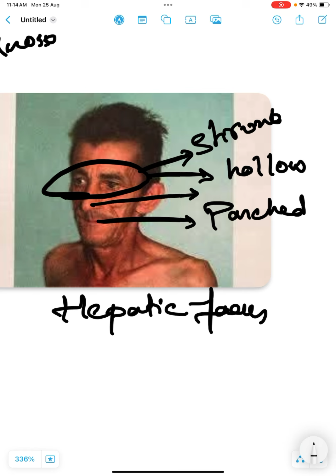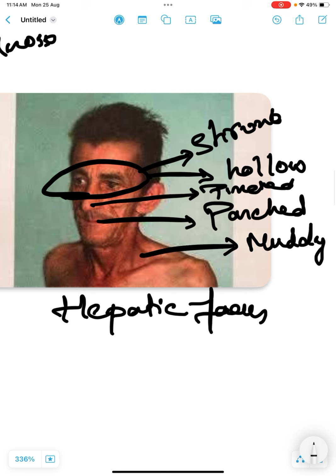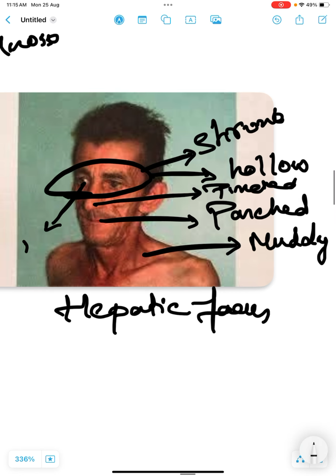Nose is pinched. Complexion will be muddy. And there will be icteric tinge. That is a feature of jaundice of the conjunctiva and the skin. So this is about hepatic faces.